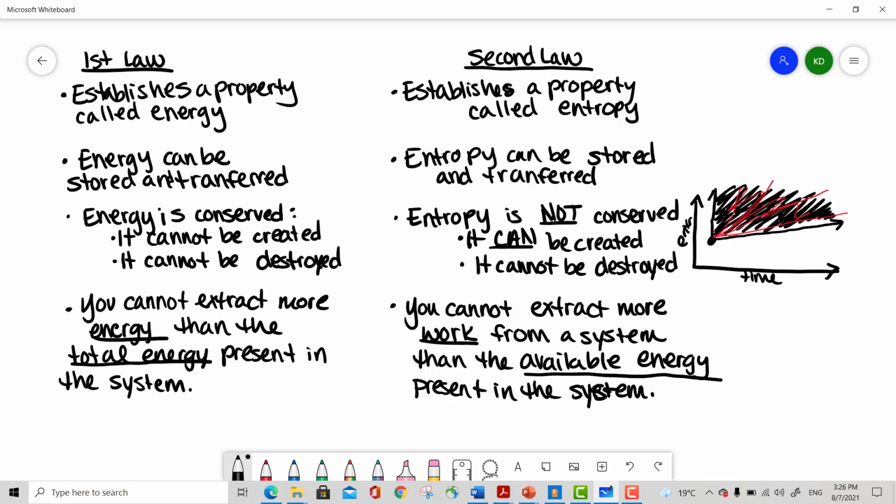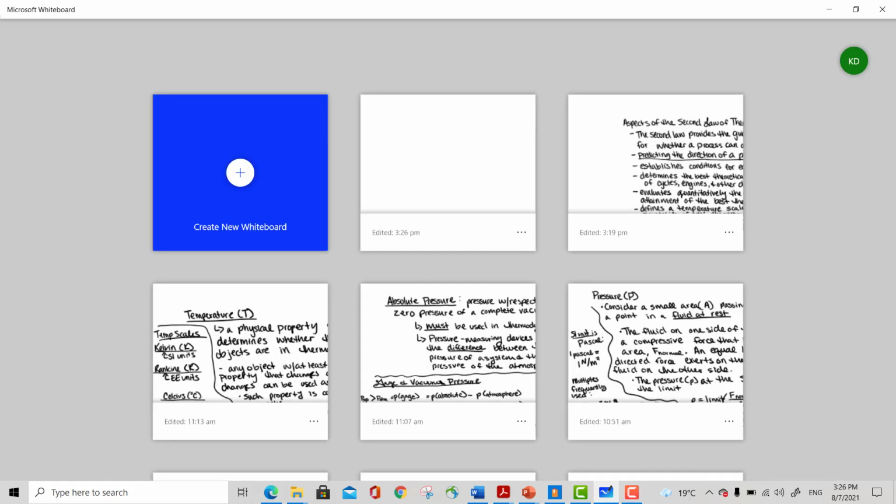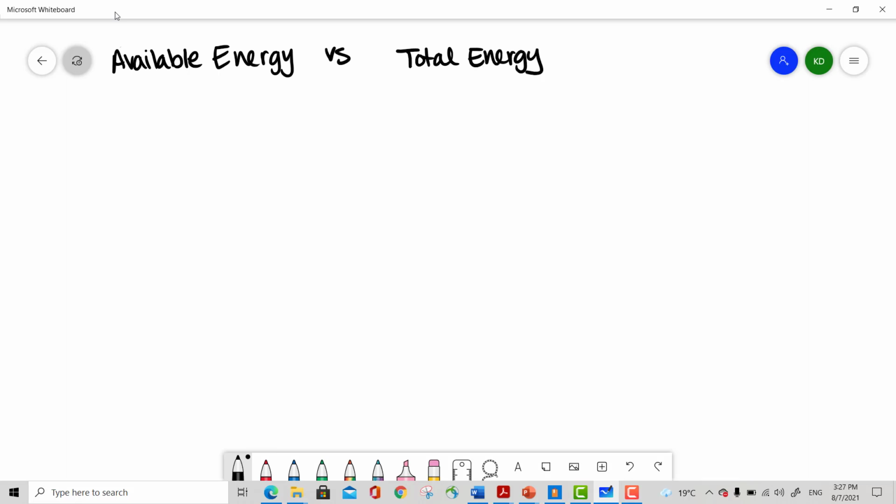And then let's talk about the difference between available energy and total energy. Okay, so just some notes.